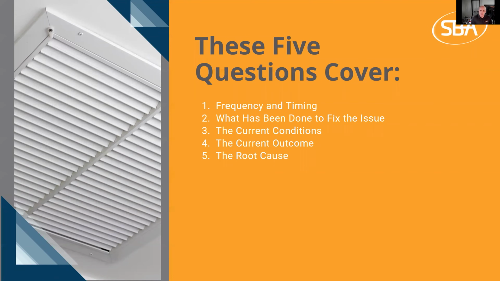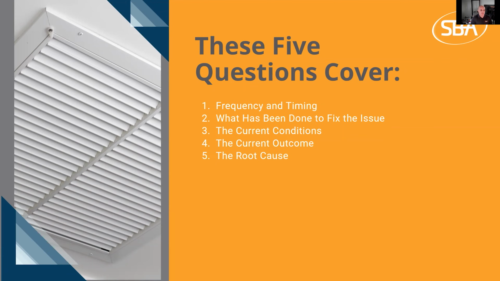So frequency and timing, you're going to be like, hey, when does this occur? How often does it occur? You're looking for patterns that may indicate some other cause of the issue. What's been done to fix it? If you're going to go and try to troubleshoot things, then you're going to have to figure out what has already been done to troubleshoot things.